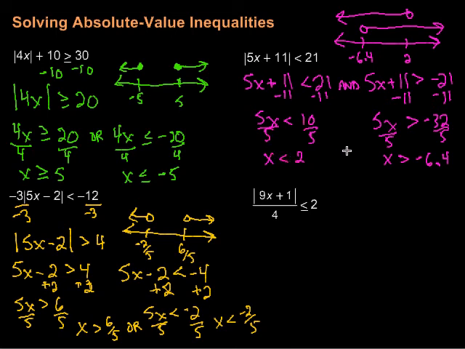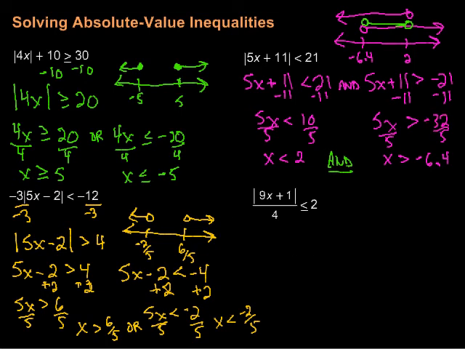The number has to be less than 2, and it has to be greater than negative 6.4. So those things are going to be right here. From there to there, I see that overlap in my graphs. That is my final solution in green.